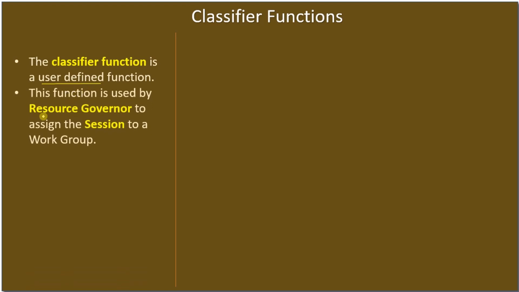This function is used by resource governor to assign the session to a workload group. So who is using this function is resource governor, and resource governor will make use of this classifier function and knows how to assign the incoming SQL Server session to a workload group.